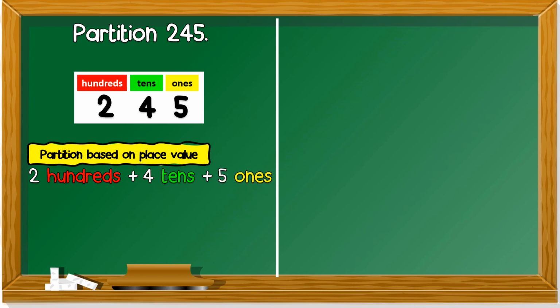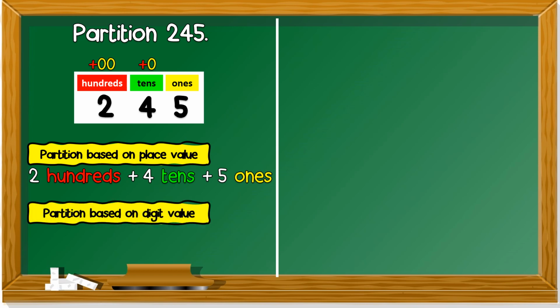In hundreds, there are how many zeros? 2. So we need to add 2 zeros to the number behind. For tens, we add 1 0. For ones, no. This is for partition based on digit value. We can see that it's 200 plus 40 plus 5. That's how we partition based on digit value.